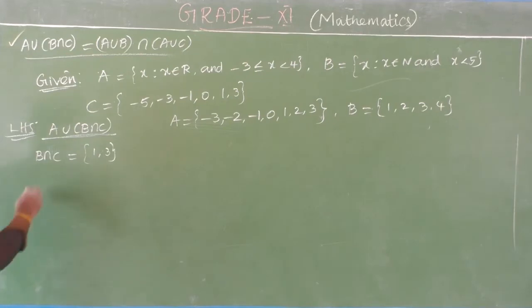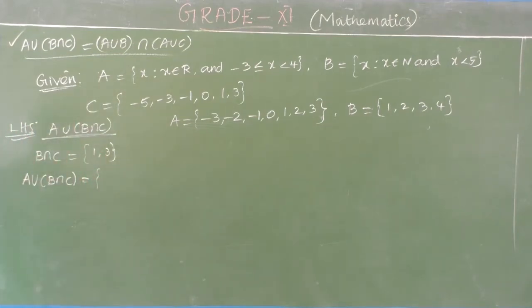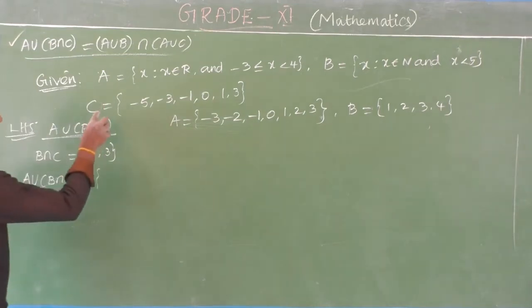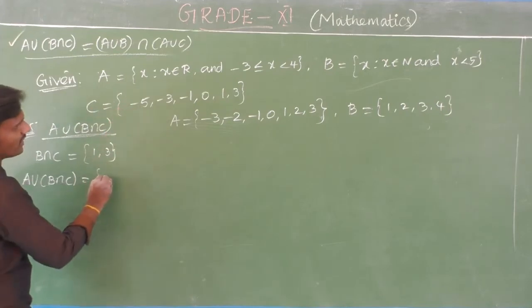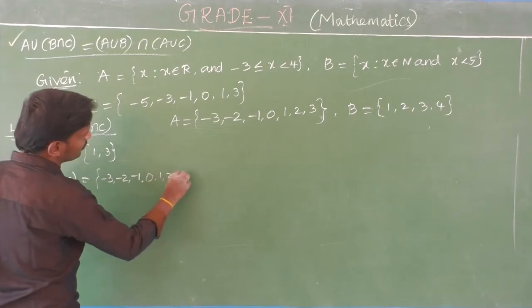Okay, and next, I'm going to take A union of B intersection C. Okay, so A union of B intersection C means what am I going to take? A is minus 3, minus 2, minus 1, 0, 1, 2, 3, and B intersection C, first write the elements of A: minus 3, minus 2, minus 1, 0, 1, 2, 3.